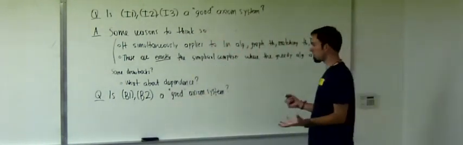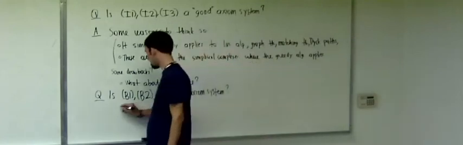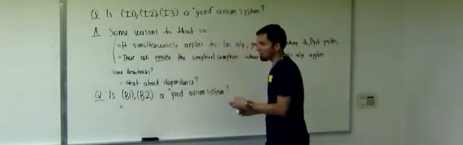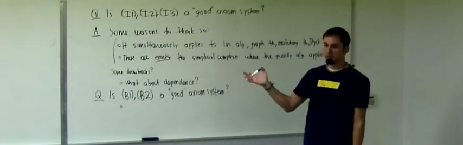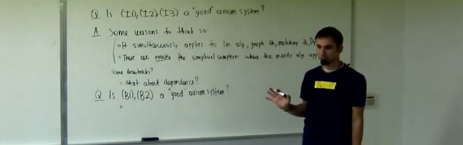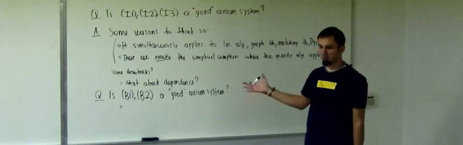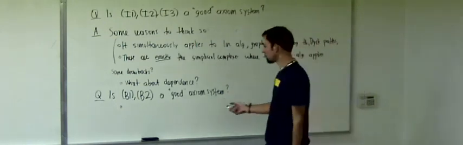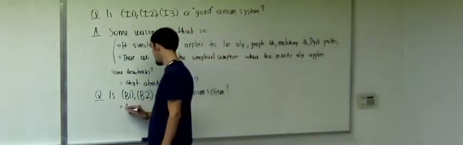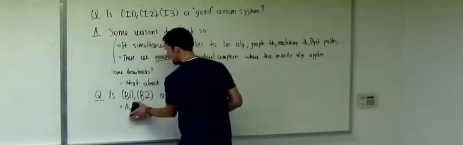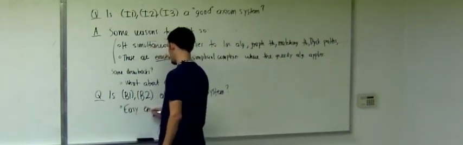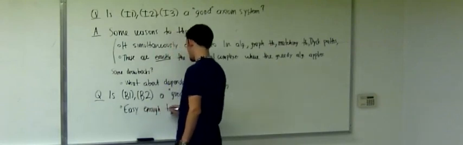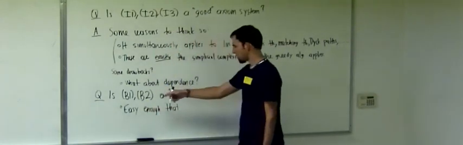Well, I'll tell you two good things about this system. One good thing about B1 and B2 is that they're easy enough that you can prove them. You want axioms of your bases that you can actually prove. So the axiom system is easy enough that you can prove these things in a matrix.